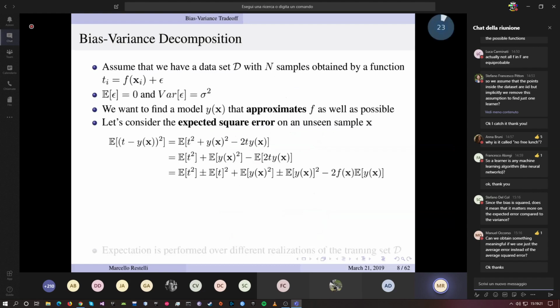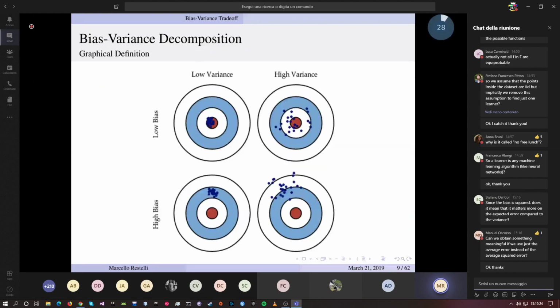On the other hand, on the bottom left, you are aiming consistently in the same region, but unfortunately, this region is not the bullseye of the target, and so you have low variance because you are continuously aiming at the same region, but the region is wrong, so you have high bias.